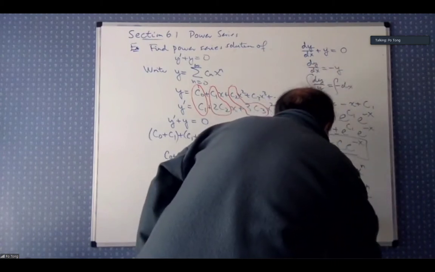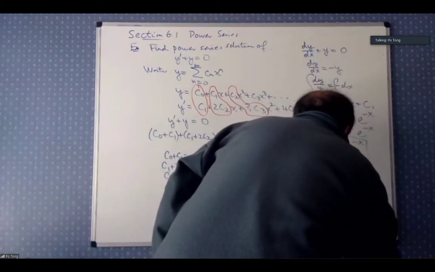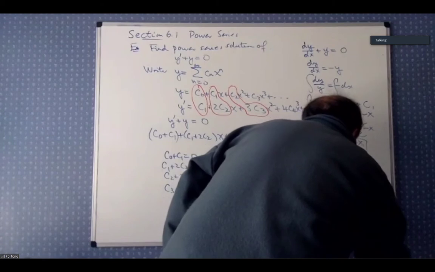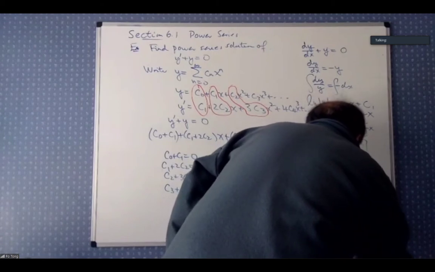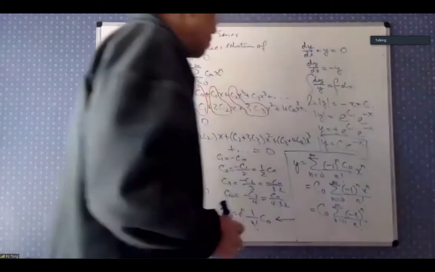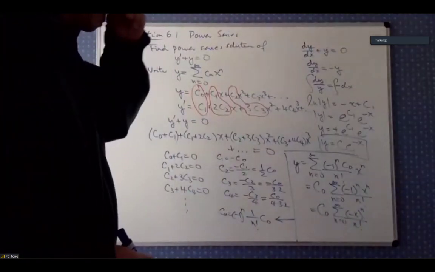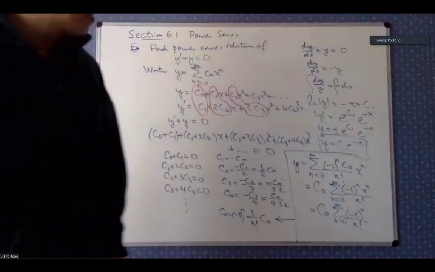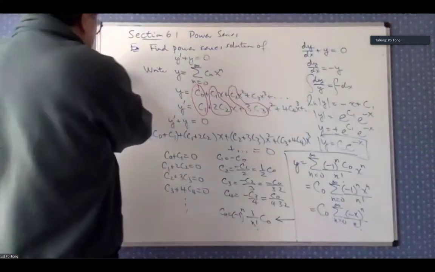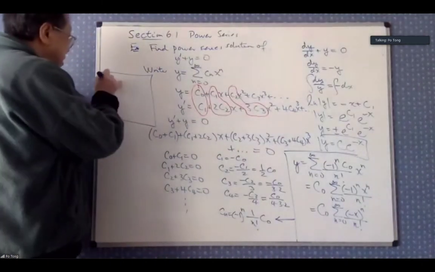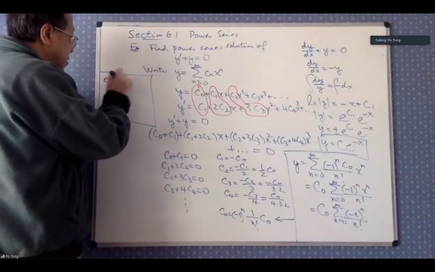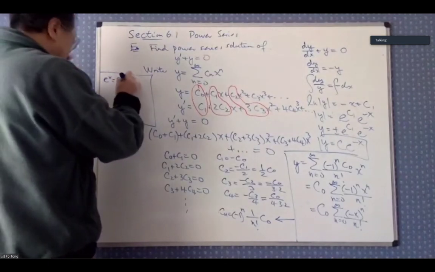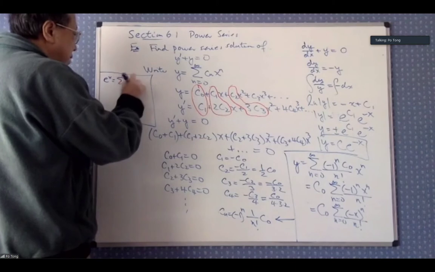Another way to write this is, now remember earlier, I probably shouldn't have erased it. I wrote down e to the power x is summation x to the power n over n factorial.